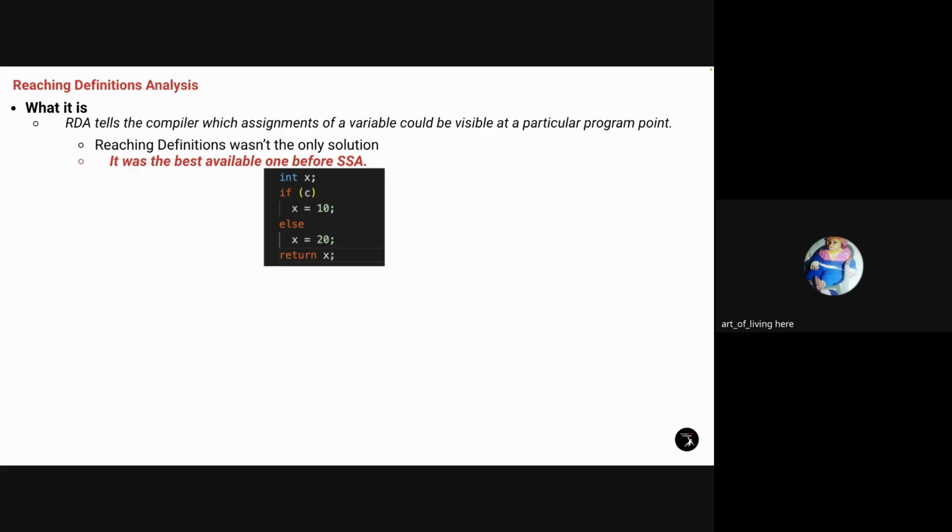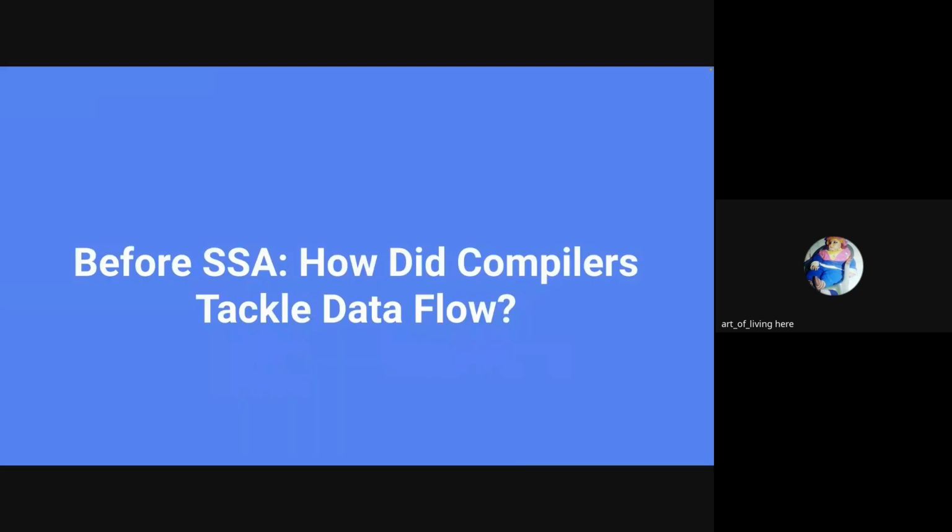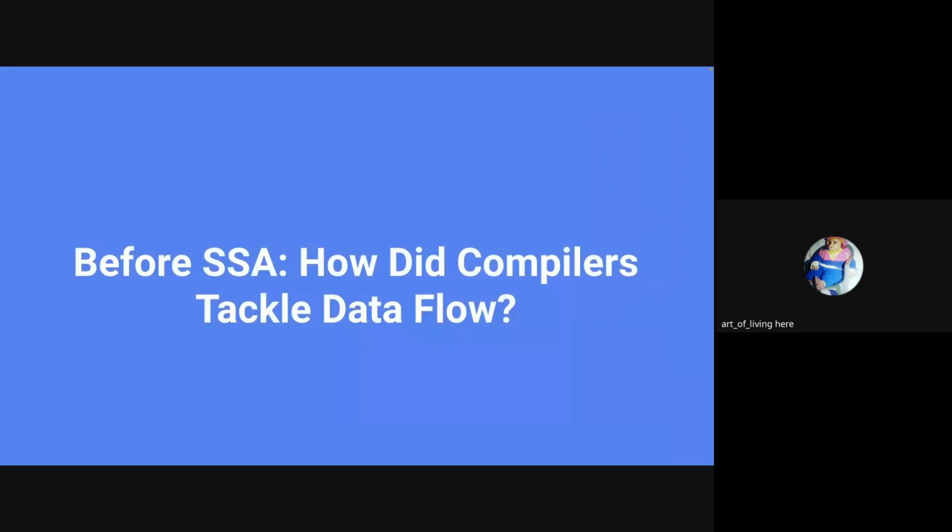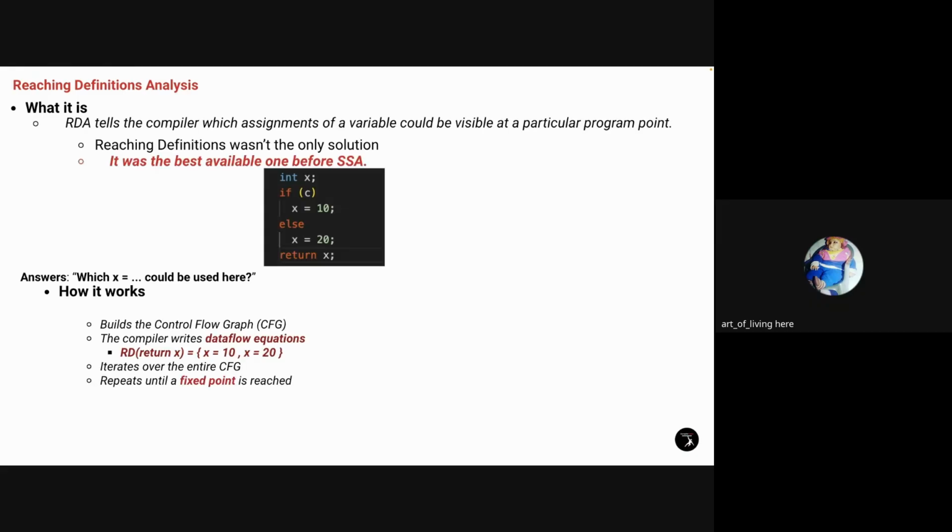So your code is there, and the question is which value of X should be here. Basically, we will create a control flow graph and data flow equations. Let us suppose X is assigned two values, X equal to 10 and X equal to 20.